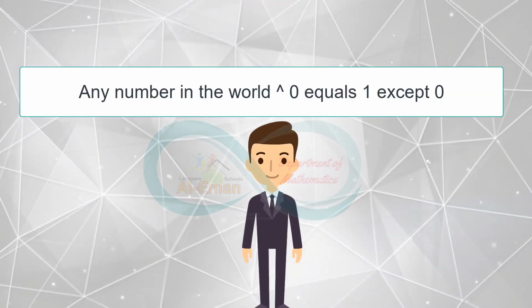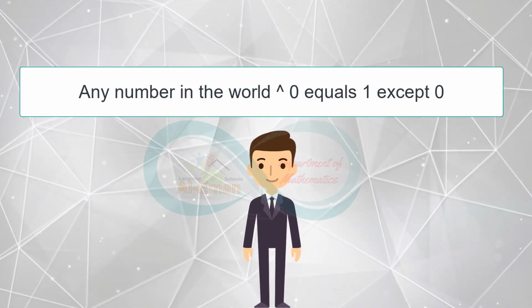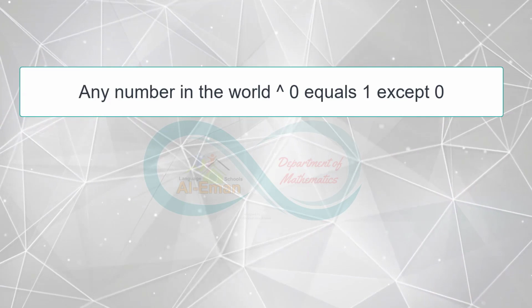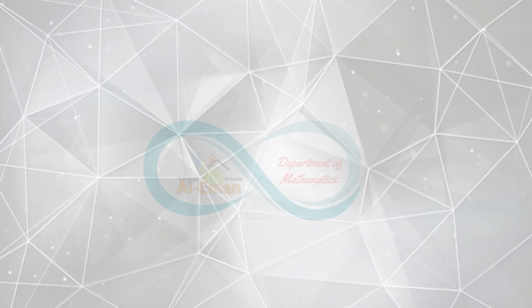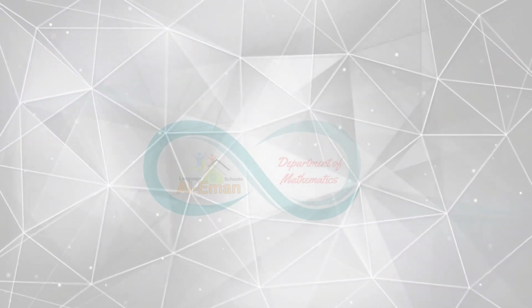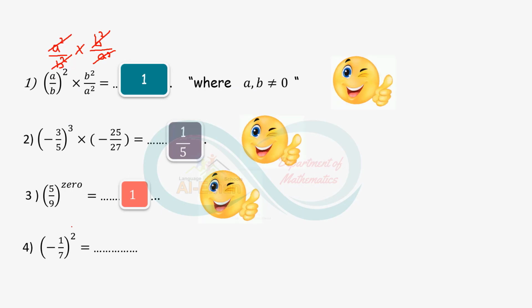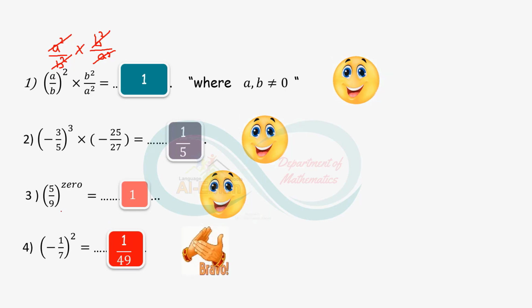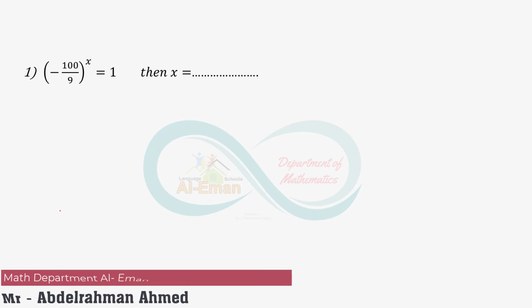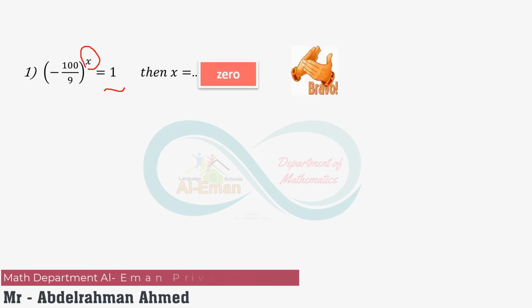Any number in the world to the power 0 equals 1. -1 over 7 all to the power 2, bravo. -100 over 9 all to the power x equals 1, so x equals 0. Bravo.